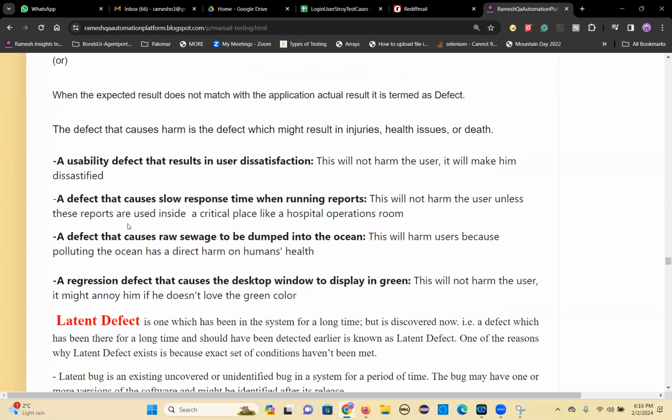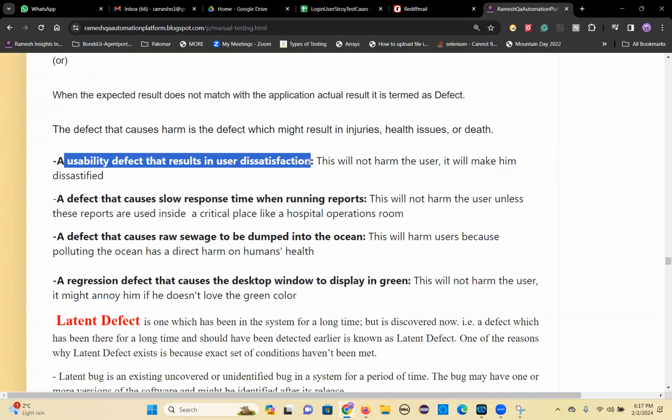We need to understand here a usability defect that results in user dissatisfaction. A usability defect means a UI bug. Maybe it is looking odd.